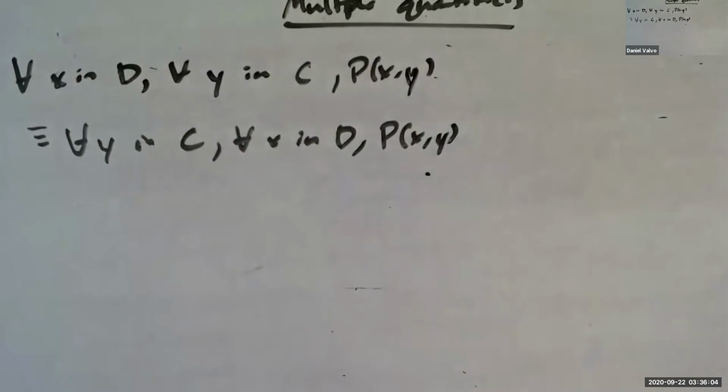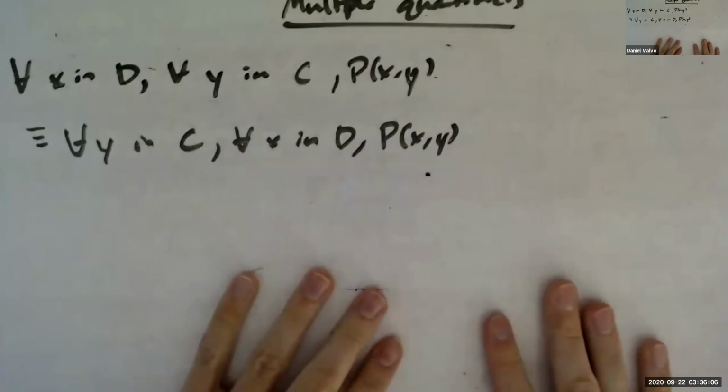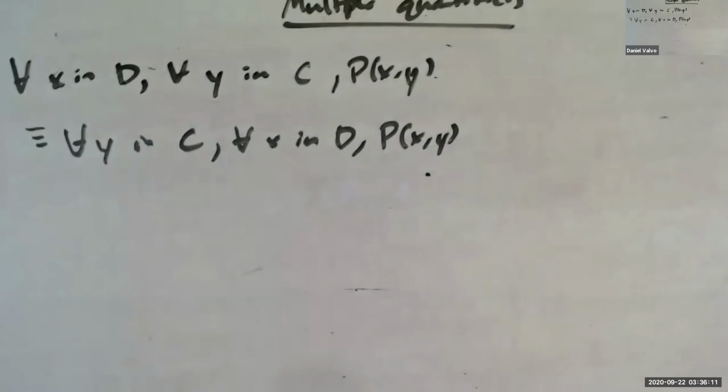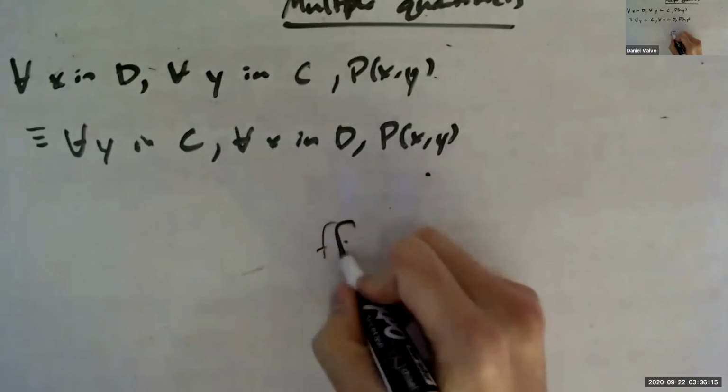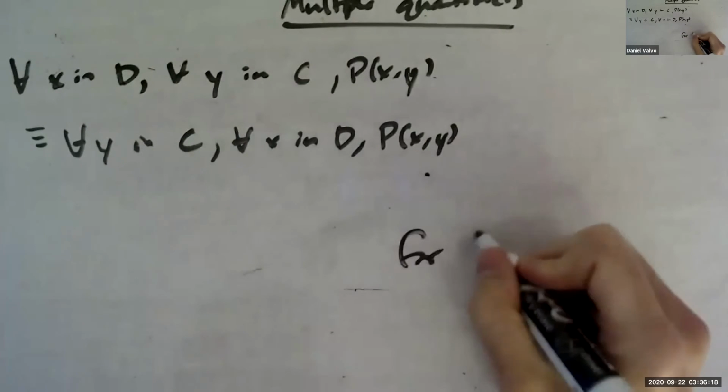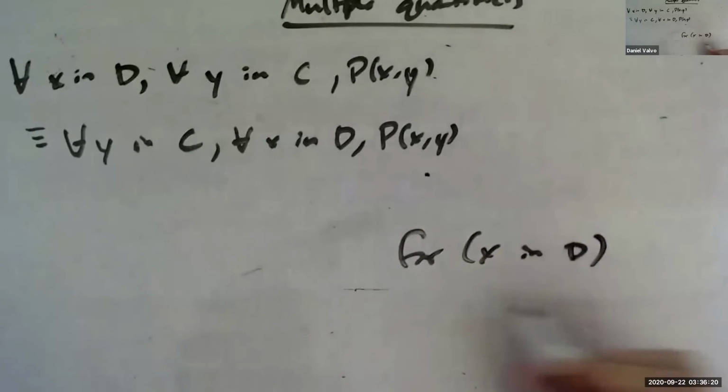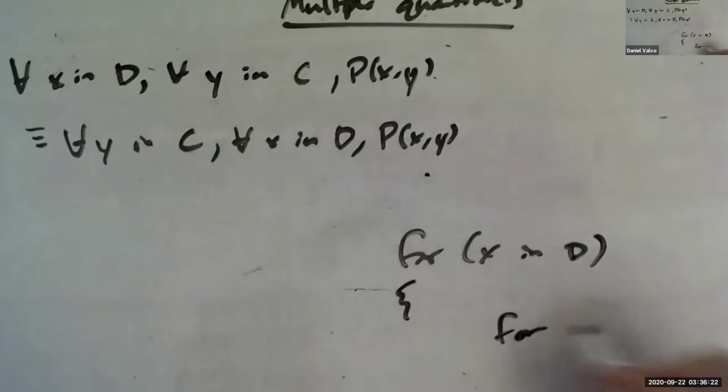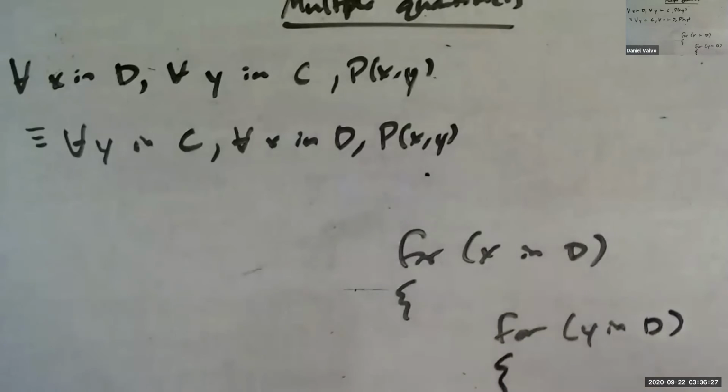And here's like the comp sci way to think about this with the for loops, right? This is saying that if you loop over all the x's in D and for all y in C, P of x, y is true.